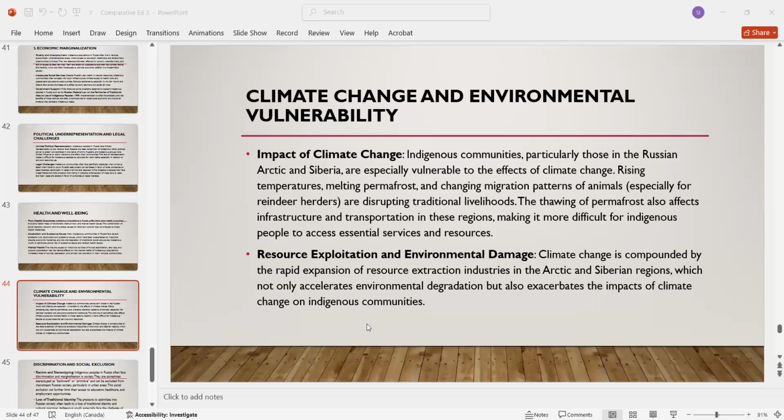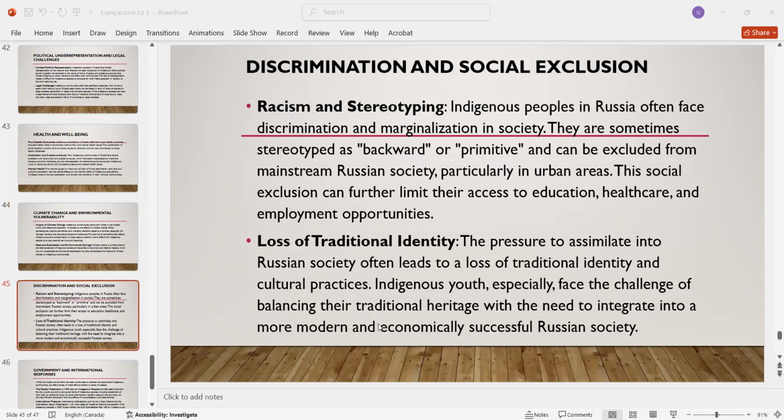So due to this climate change, they are facing a lot of problems. And resource exploitation and environmental damage. So the indigenous communities in Russia, more than in other countries, are facing a lot of problems because of environmental climate change.